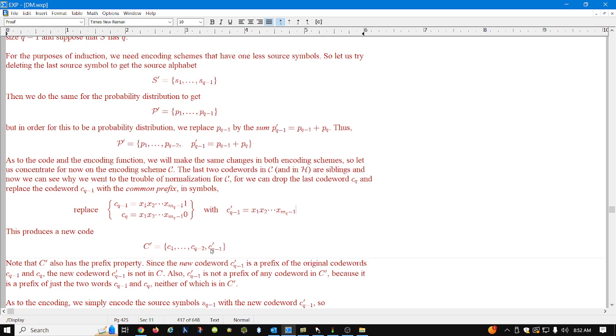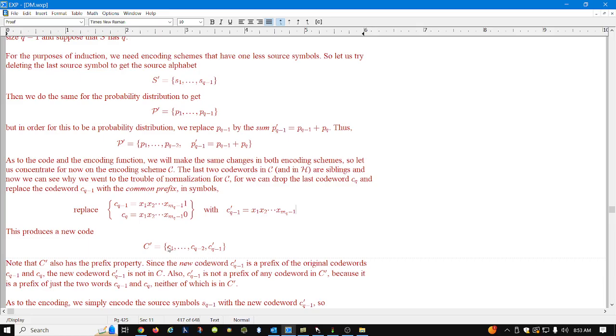Okay. So does C prime have the prefix property? Well, since the new code word, C(Q minus 1) prime, is a prefix of the original code words C(Q minus 1) and CQ, and the original code C had the prefix property, this prefix was not a code word in C, so it's not a code word in C prime.